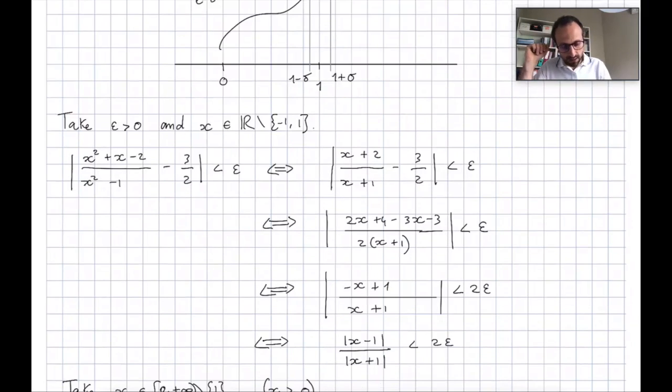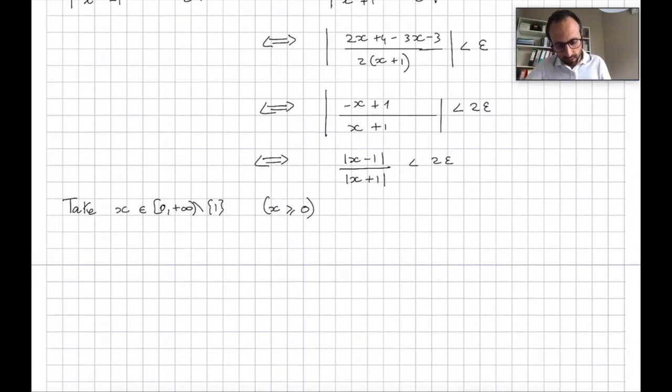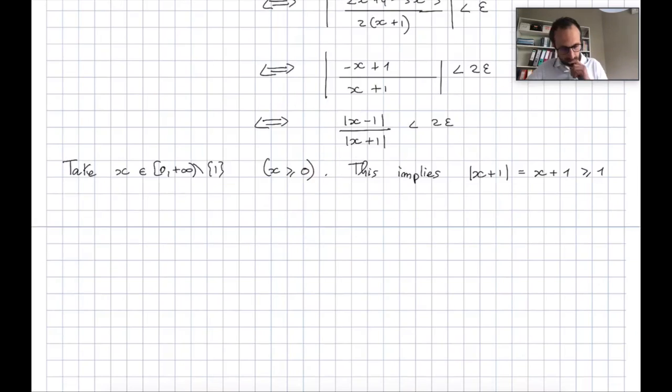If we do this, then the absolute value of x plus 1, this factor in the denominator which we didn't like, is equal to x plus 1, since it is certainly non-negative because x is non-negative, and x plus 1 itself is certainly larger than 1.